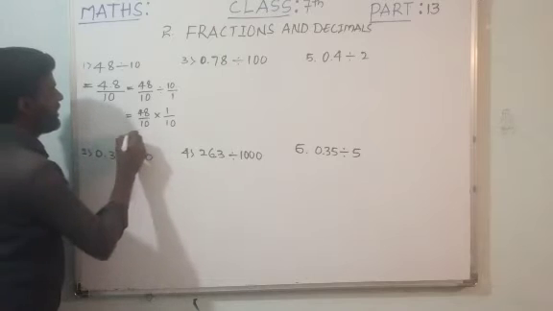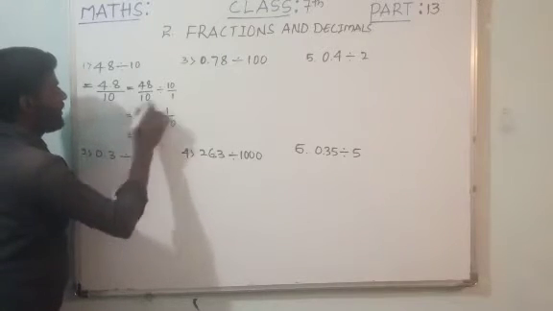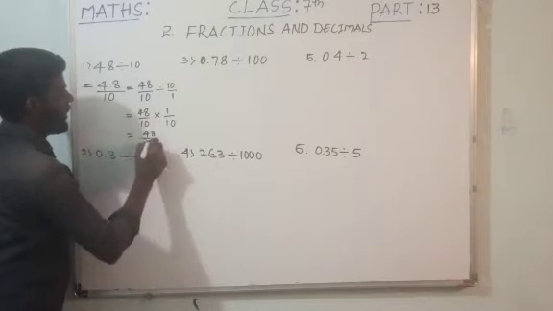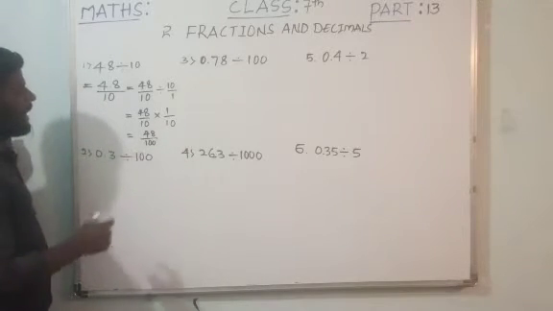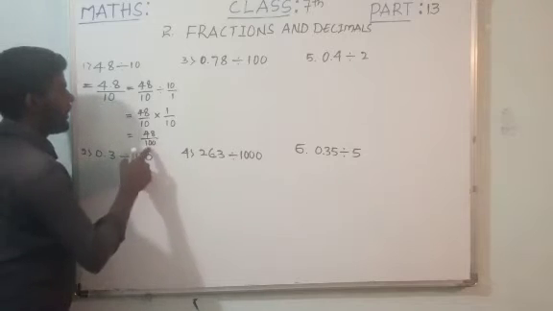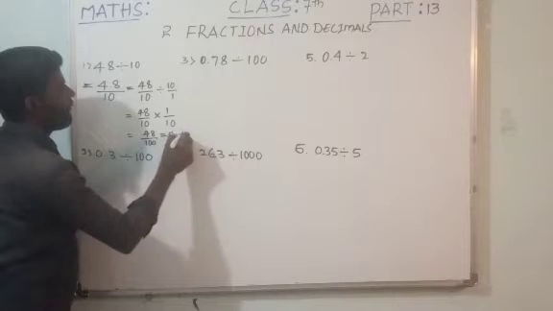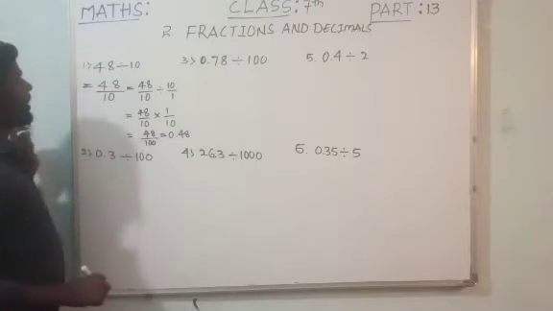Now, 48 divided by 10 tens are 100. Here see how many places, 1 2, that is 0.48 its answer.